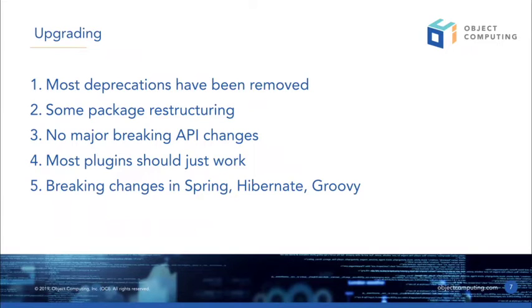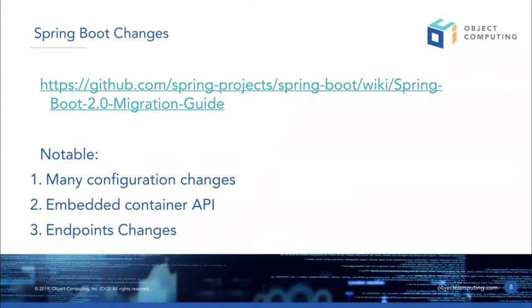Nothing that you're currently using today has broken in any major way, unless it was deprecated, as I just said. And most plugins that you're using should just work. The only difference is if they're using some API that has been changed or removed. There's no breaking change in the way that plugins are written. But there are breaking changes in Spring, Hibernate, and Groovy.